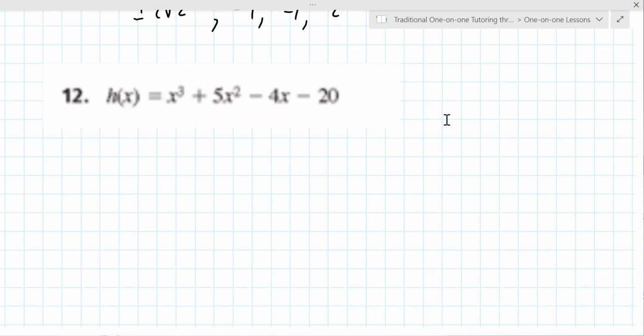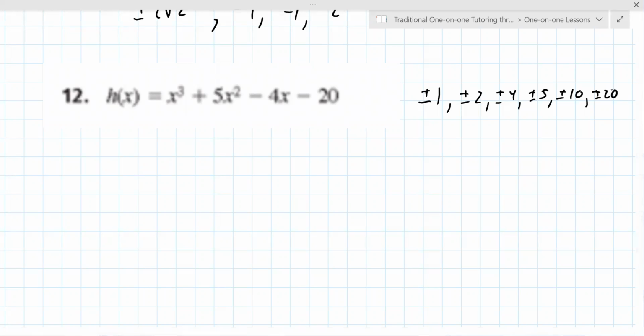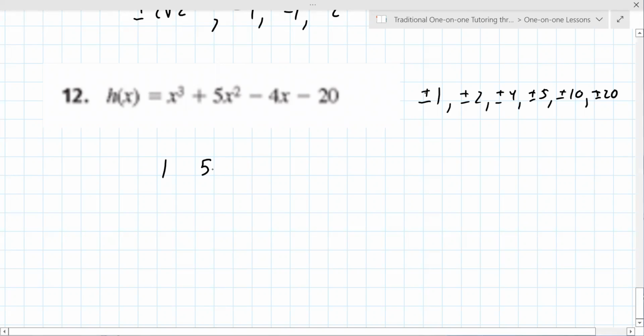So the factors would be 1, 2, 4, 5, 10, and 20. You'll just have to guess a few here until you get something.